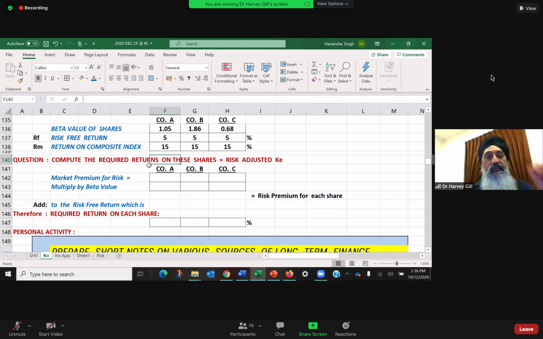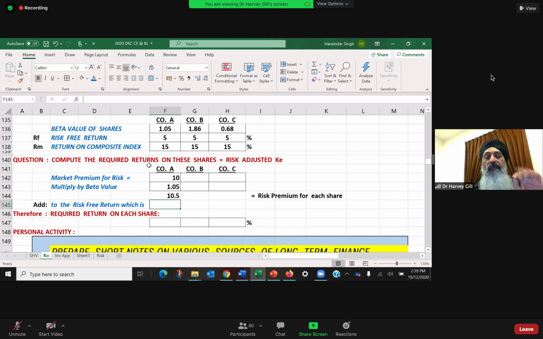So, if the risk-free return is 5% and on average the market return is 15%, what's the market premium for risk? It would be 15%, the market return, minus the risk-free return, which is 5%, which in this case happens to be 10%. So if I multiply by beta value, what is beta value? Beta value for company A is 1.05. So now, if we want to add the multiplication of this, we would get 10 multiplied by 1.05.